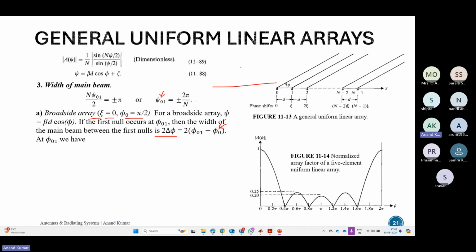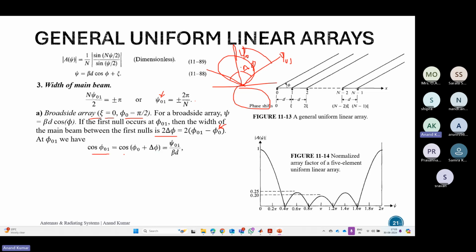So for example, if we have a radiation pattern for broadside like this, this is phi 0, and this is the first null at phi 0 1. And the difference between these angles is delta phi, and twice of this will give you the beam width between the first nulls.